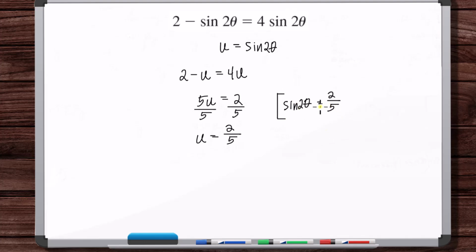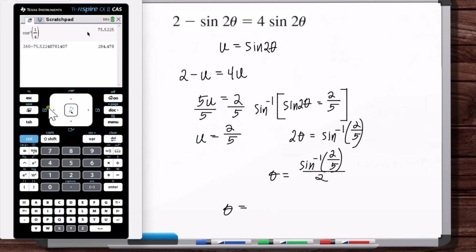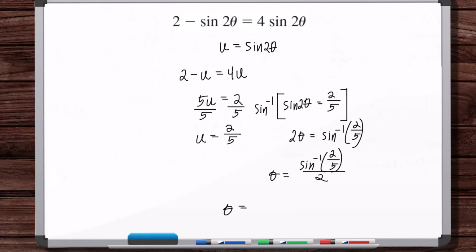Okay. So we got 2 theta is equal to, so theta is equal to, okay, so theta is, okay, so inverse sine 2/5, it's 23.6 degrees.